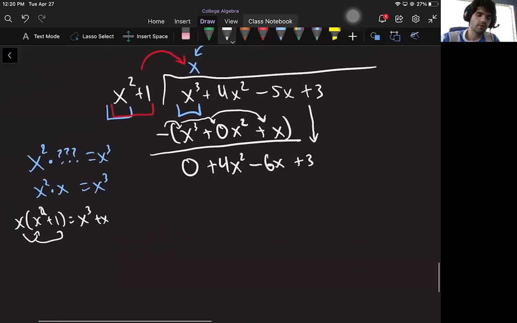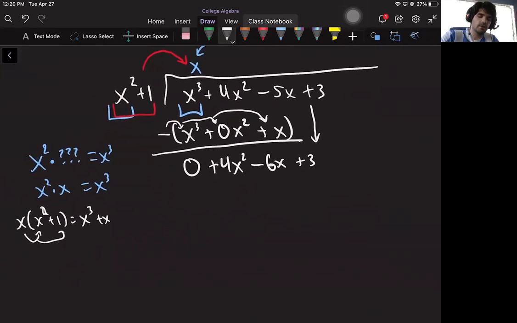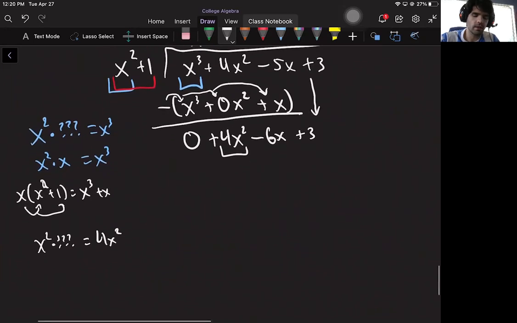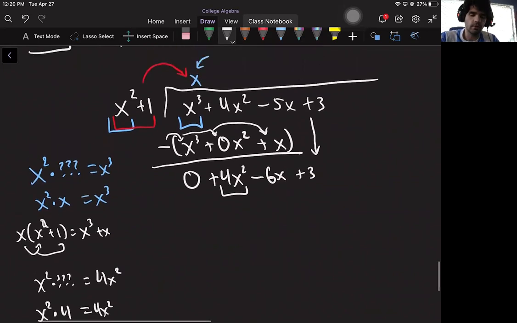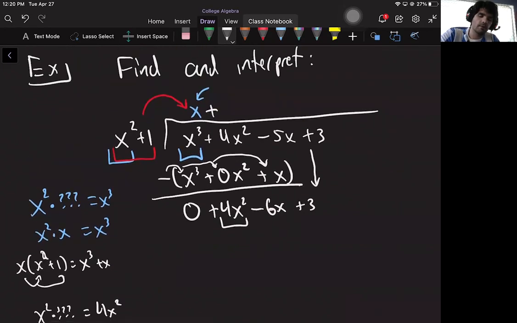So the next question is, how many times does x squared, so x squared times what, go into 4x squared? What do I need to multiply x squared by to get 4x squared? Well, I just need a 4 here, and that will get me 4x squared. So it goes into it 4 times, and so that's what we are going to put there.